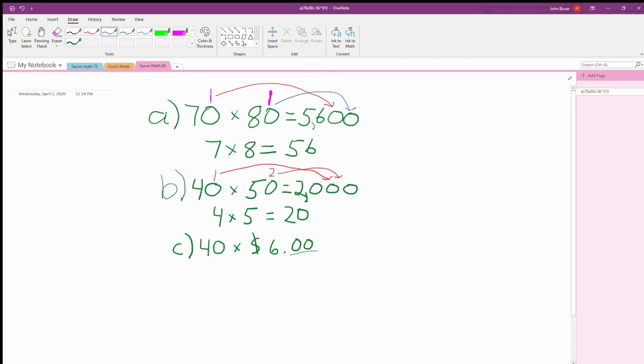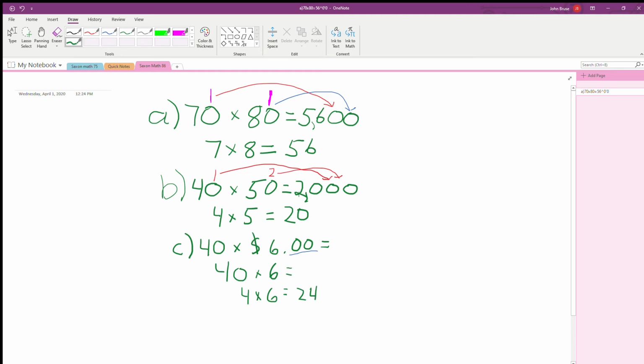So we don't really even need to worry about those right now, okay? So don't think about those for a second. Really what we're solving is 40 times 6. Well, I can do that in my head by saying what's 4 times 6, and that is 24.